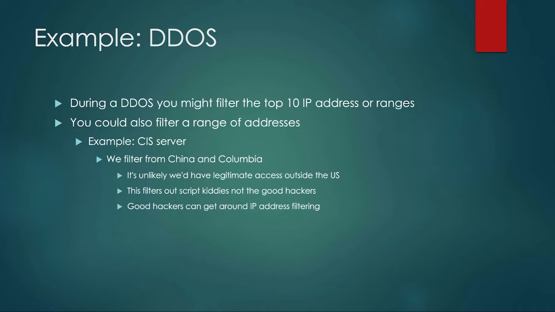So if we think about something going viral, right? If we have something on the internet that's gone viral and it's pointing to a slightly obscure website. Now, in normal cases, maybe that website gets 100 hits a day. In this case, they're getting 100,000 hits a day. Now, that's actually legitimate traffic.